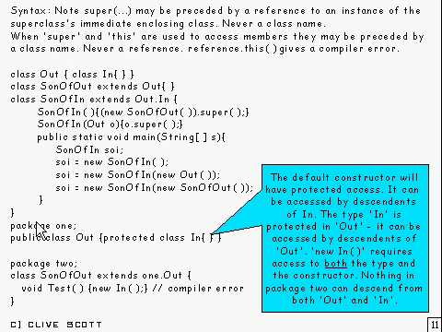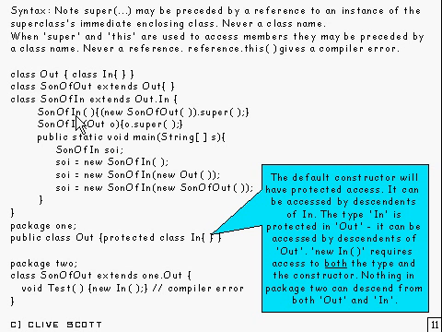Now, here's an example of various combinations here. Well, there's two examples. There's one down here and there's this one. We've got out here, which has got inside of it class in. We've got son of out, which just extends out, and son of in, which extends in.